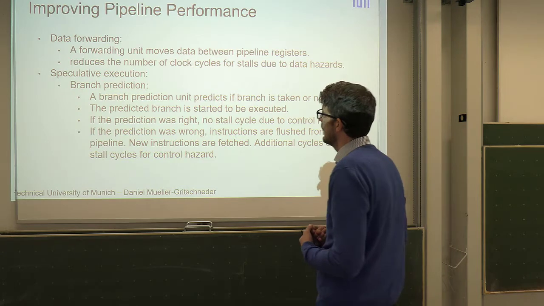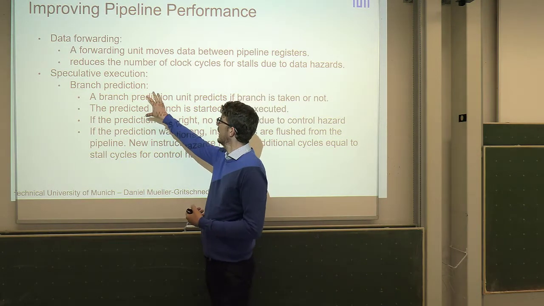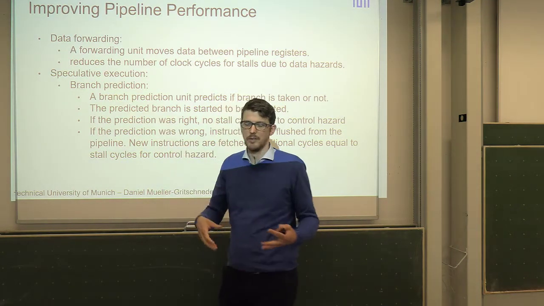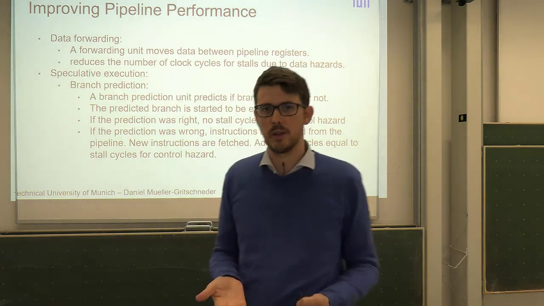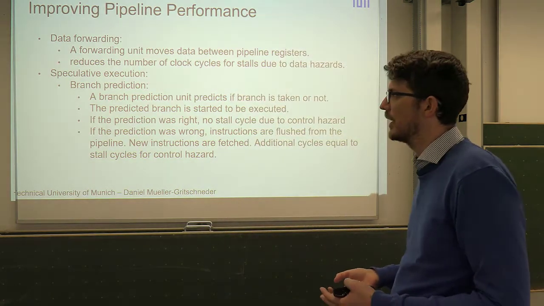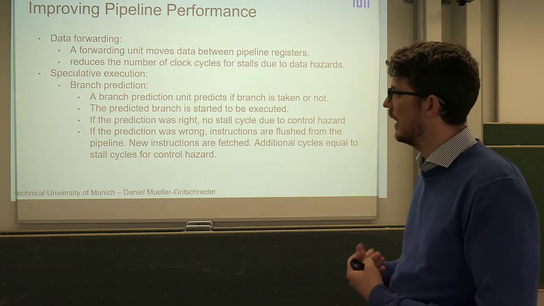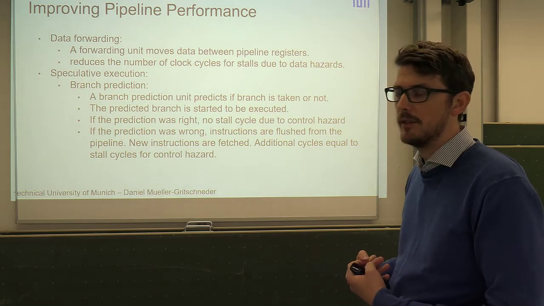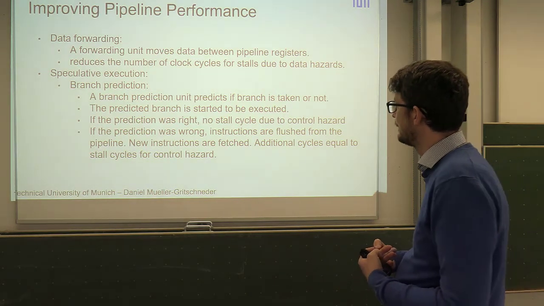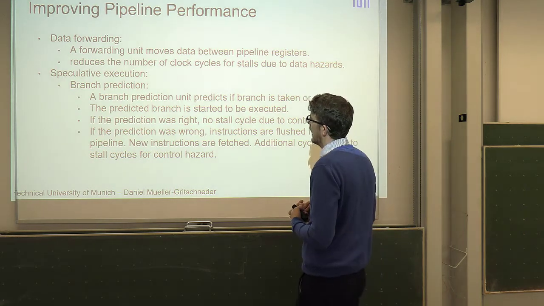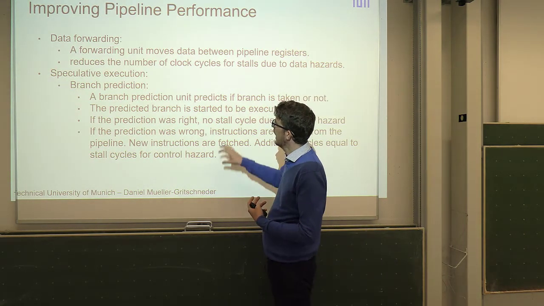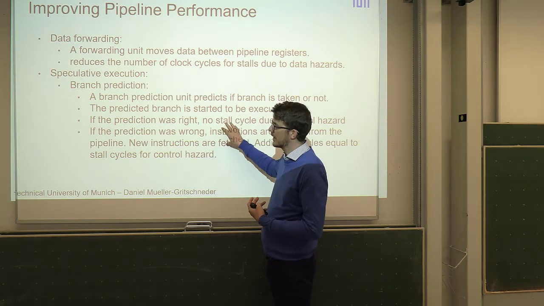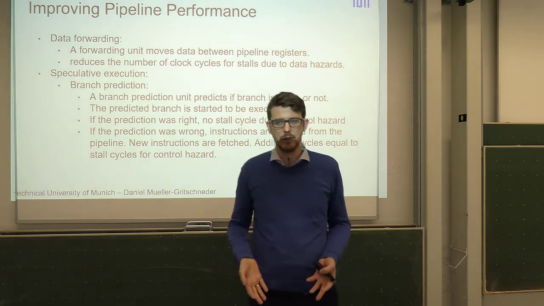And the next thing you can do is so-called speculative execution. That means if you have these control hazards and you don't know where to jump to, you can do, for example, some branch prediction and say, okay, I'm trying to predict where I have to jump to, and then start executing this branch. If the prediction was right, you can just continue the execution.